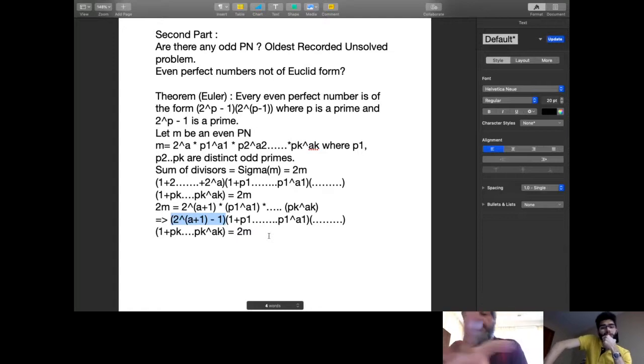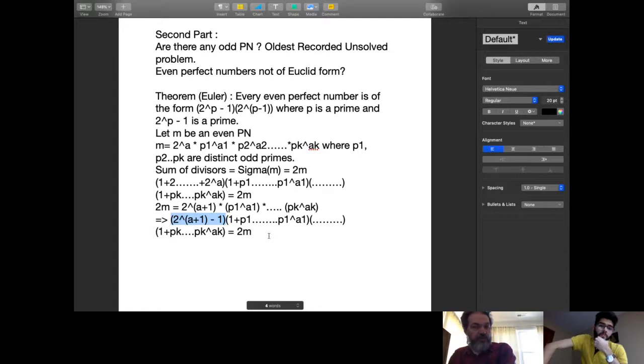But this product has to be equal to 2 times our m, so that prime factor will have to appear in m. So that prime factor will equal one of those primes, P1, P2, P3, and so on up to PK. I don't know which one, but to simplify this discussion, let's assume that it is P1.